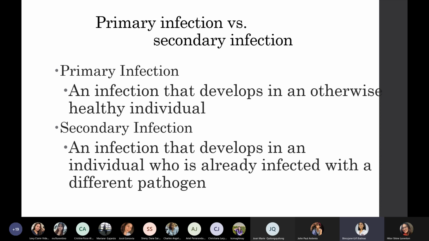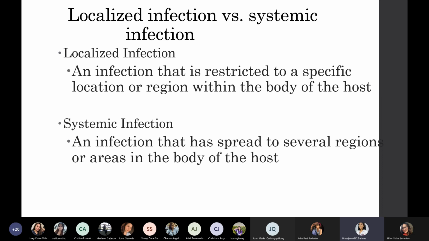For secondary infection, those with diseases that weaken their immune system, for example syphilis, usually acquire secondary infections such as pneumonia once symptoms arise. Secondary infection: you are already sick, then you got infected with another pathogenic microorganism, and you develop another disease.